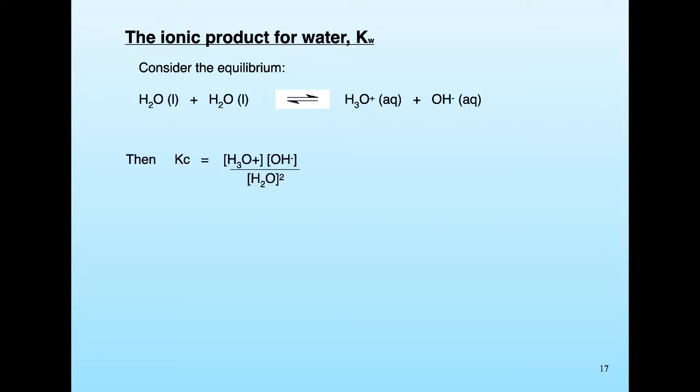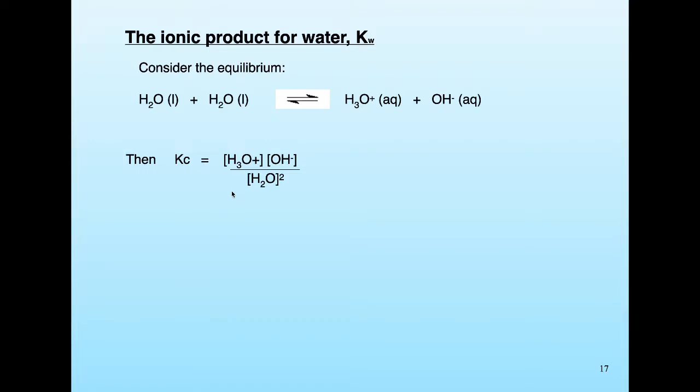Not very many though. If we wrote a Kc for this, it would look like that. You've got water squared in the denominator, but as we've seen many times, the amount of water is enormous, and therefore this number here is going to be enormous and unchangeable really on the scale of things. So this will be constant.